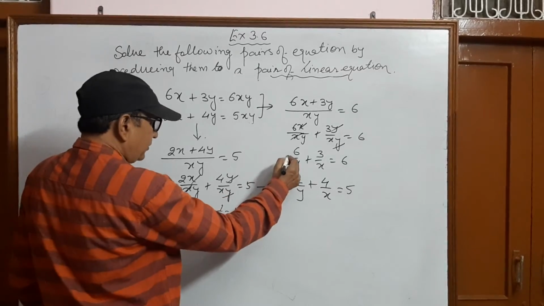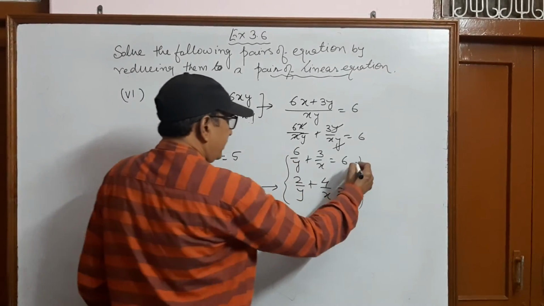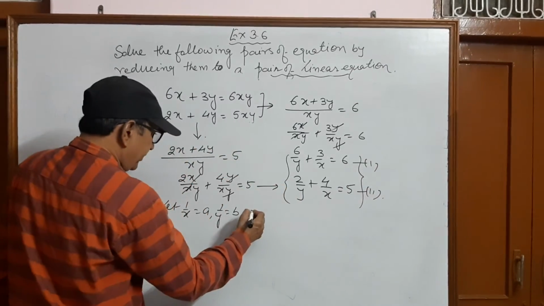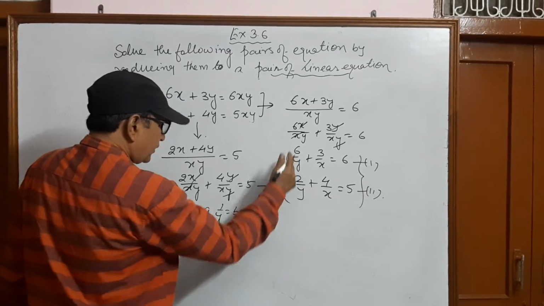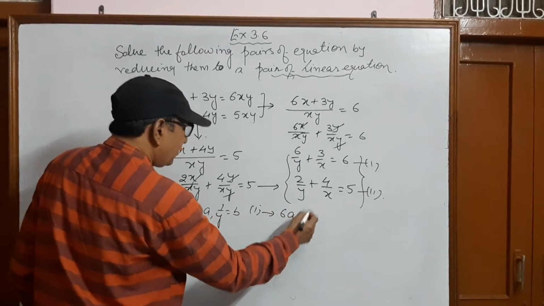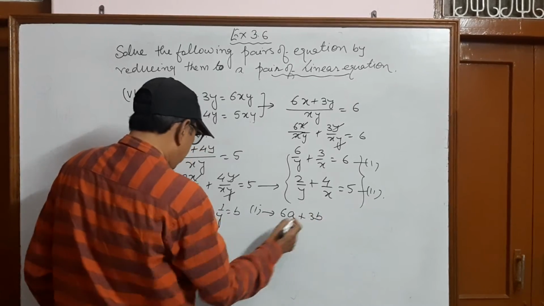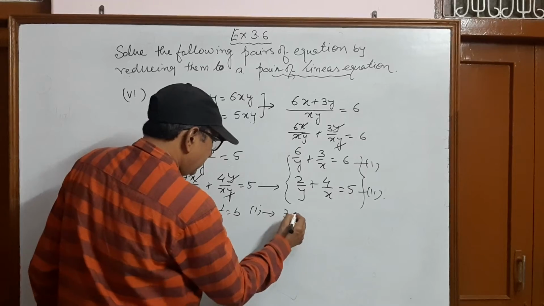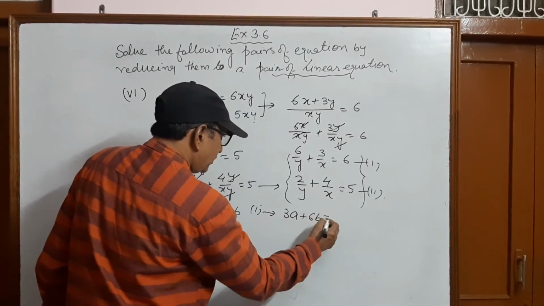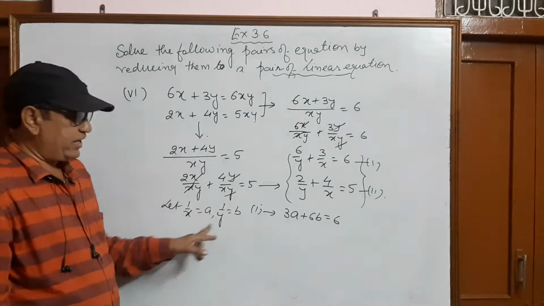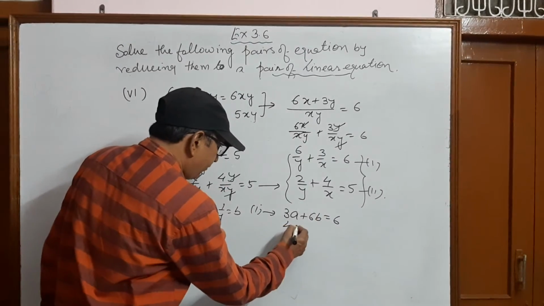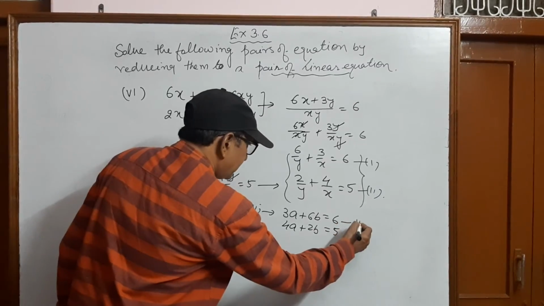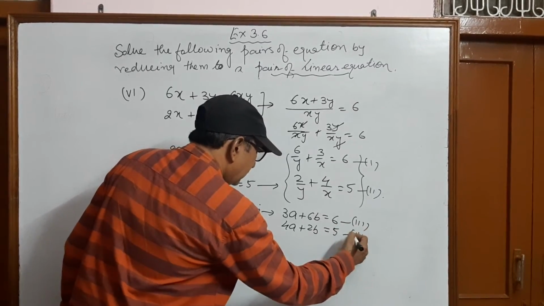Therefore the first and second equations become 3a plus 6b equal to 6, because we have let 1 by x as a. The second is 4a plus 2b equal to 5. So this equation is third and this is fourth.